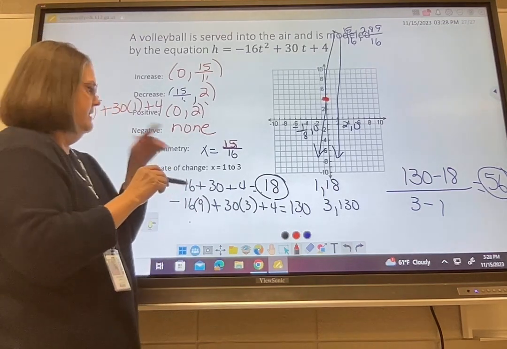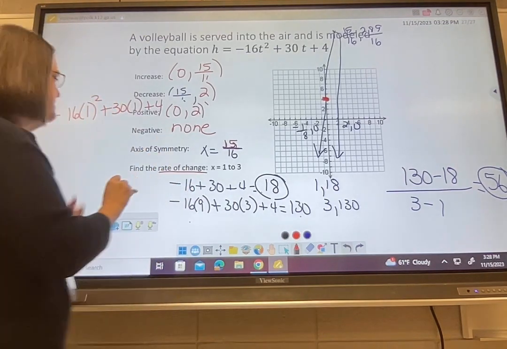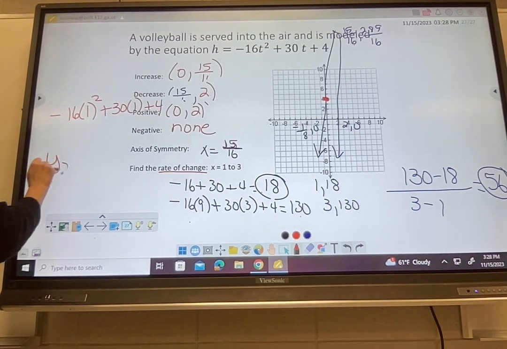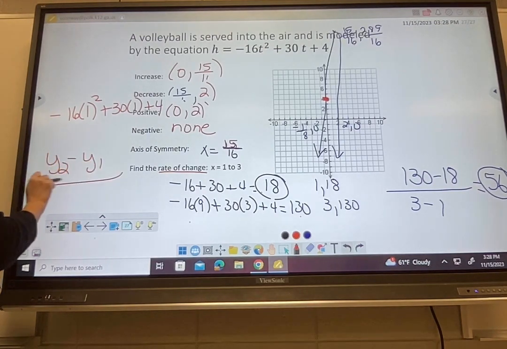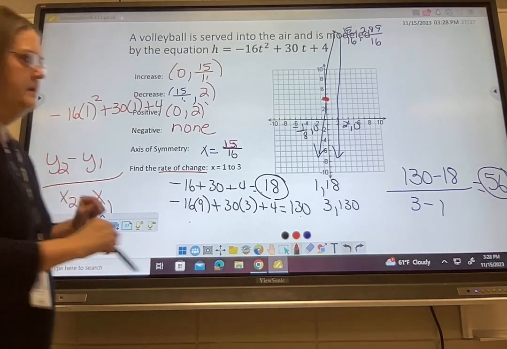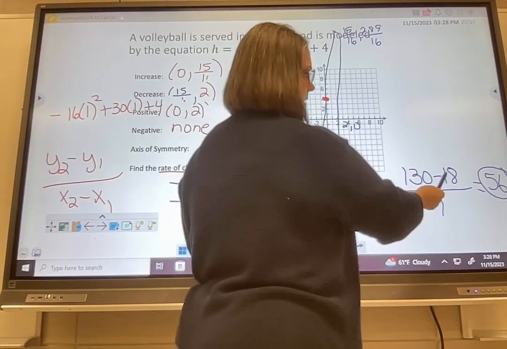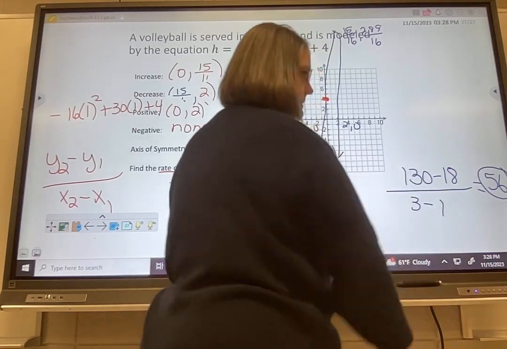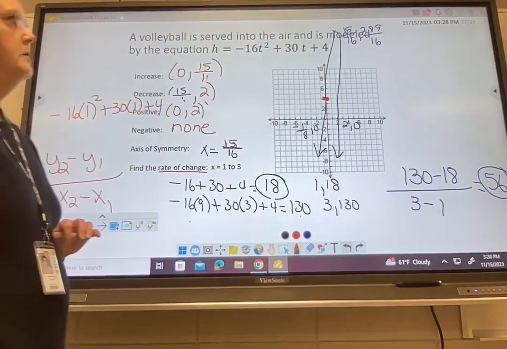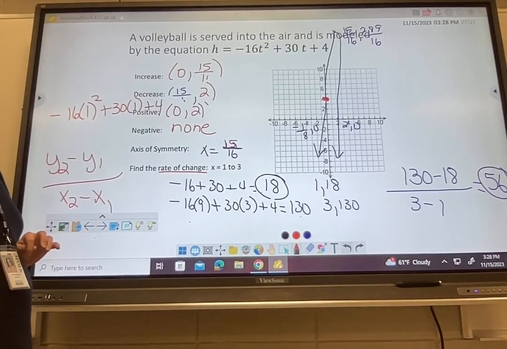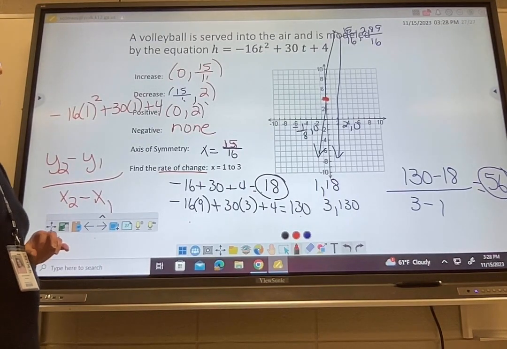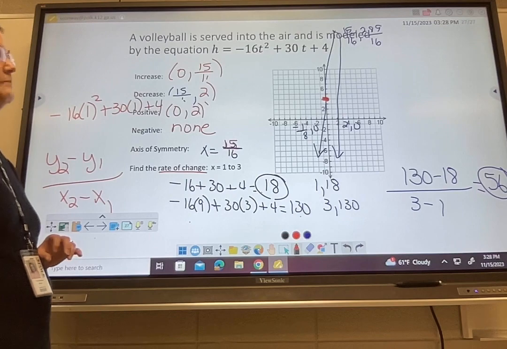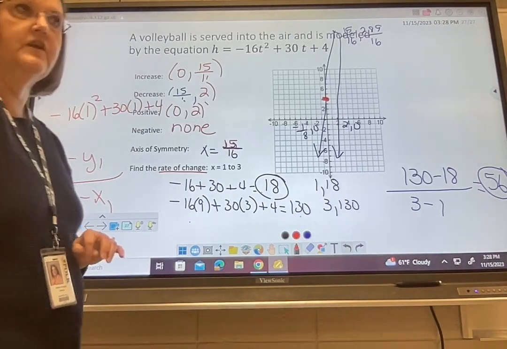Okay. Then rate of change is y2 minus y1 over x2 minus x1. So when I put in my y2, that's 130 minus 18 over 3 minus 1, that'll give me 56. And that is the rate of change. So that's 56 feet per, I'm sure it's second, 56 feet per second.